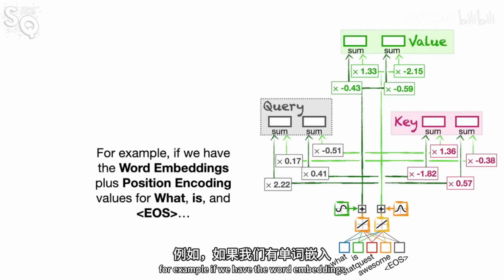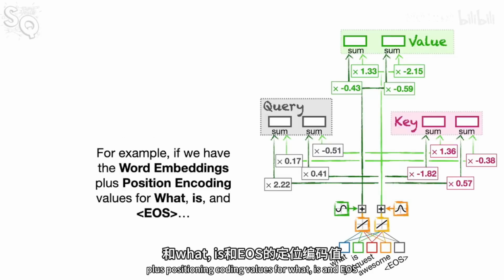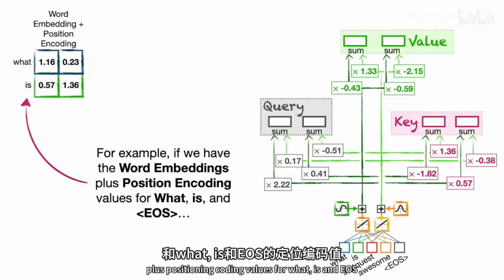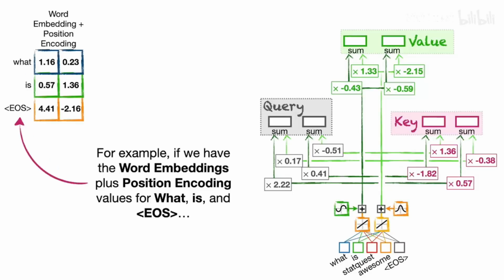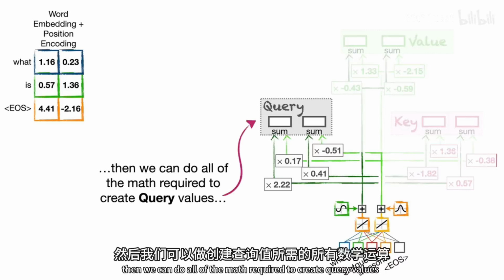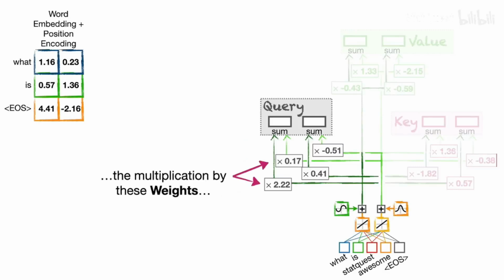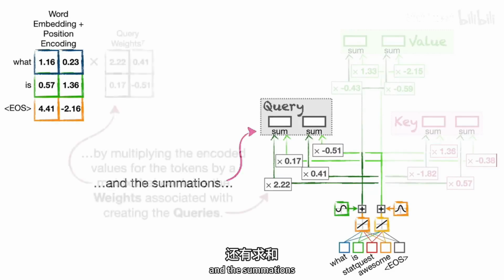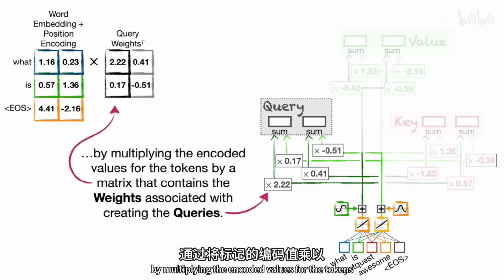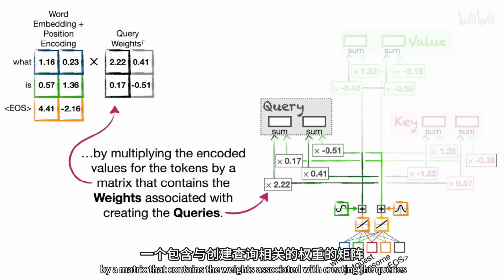For example, if we have the word embeddings plus position encoding values for what, is, and EOS, then we can do all of the math required to create query values, the multiplication by these weights, and the summations by multiplying the encoded values for the tokens by a matrix that contains the weights associated with creating the queries.